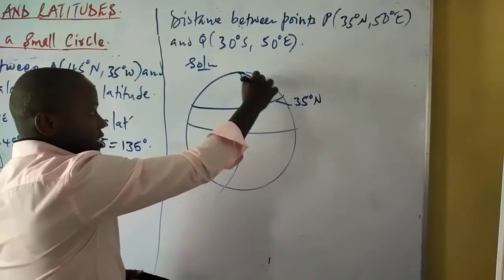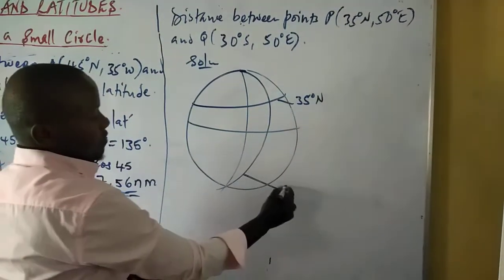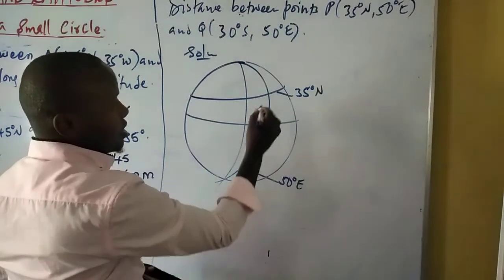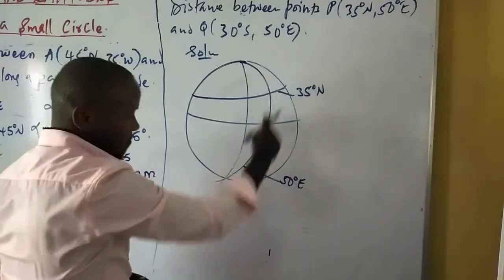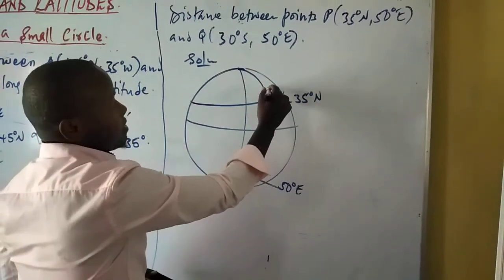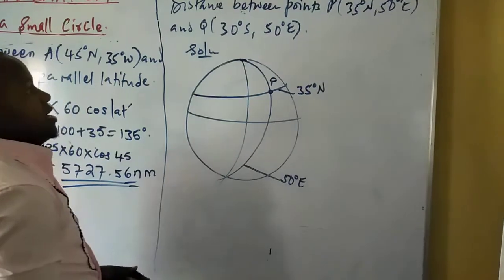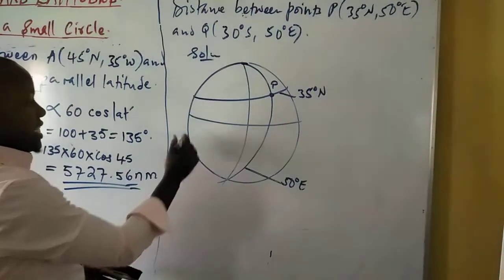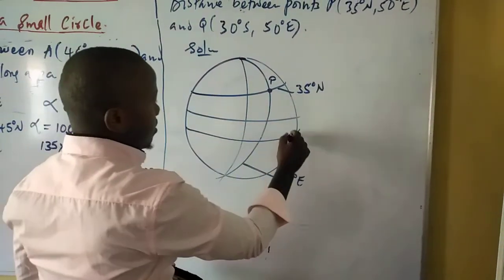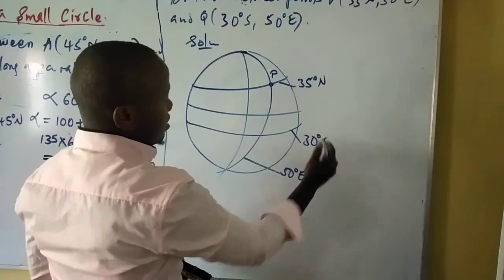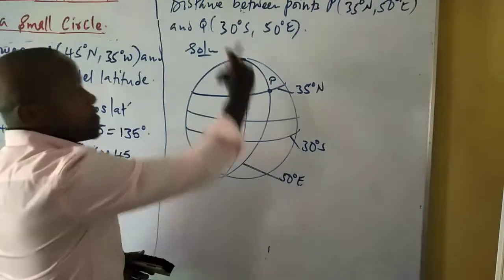East is this side, 50 degrees east. Where 35 north and 50 east intersect, they give us our P. Then the other one is 30 south, the southern part, and 50 east.